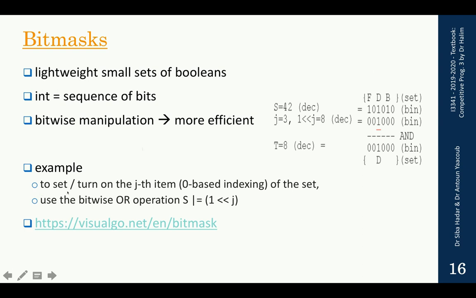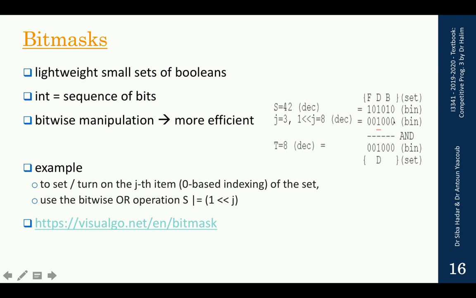And then if I want, for example, to turn the jth item on or off: to turn it on, I just do a bitwise OR operation. So S will be equal to S OR 1 left-shifted by J digits.